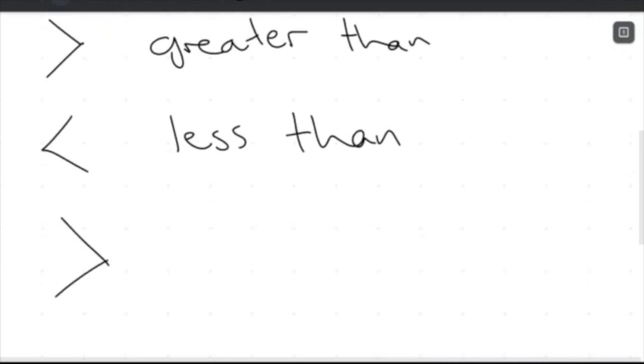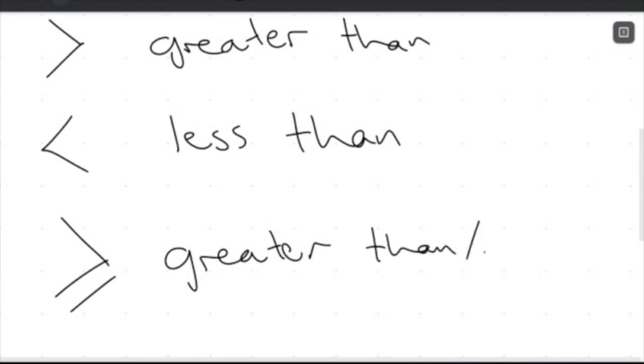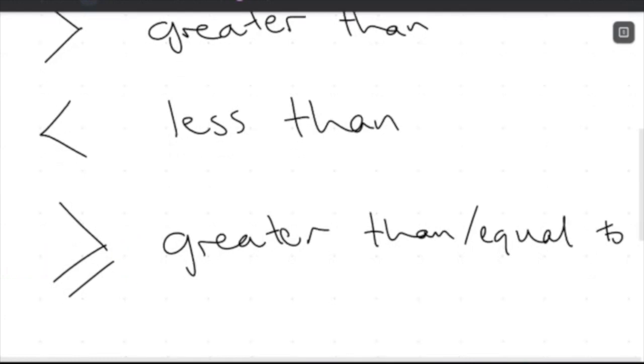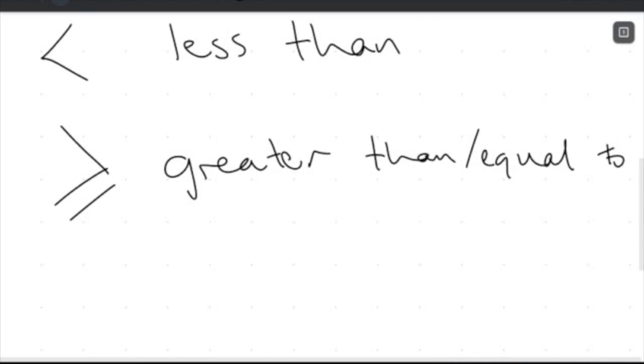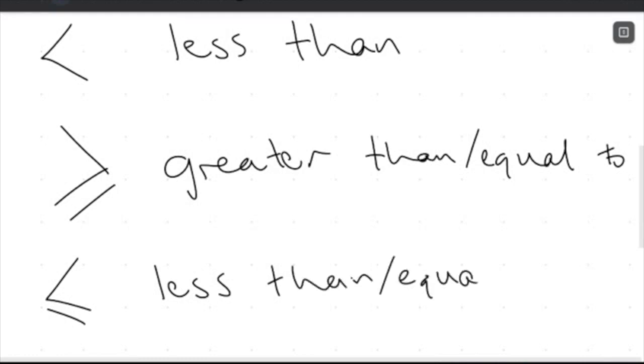We have this one here, and that means greater than or equal to. So a number here is greater than or equal to a number here. And in the same way, from the other perspective, this one here means less than or equal to.